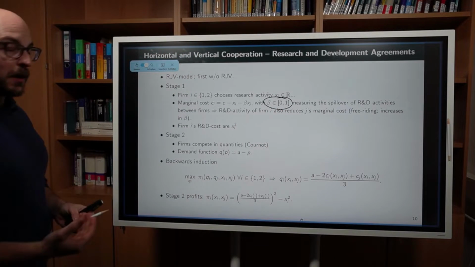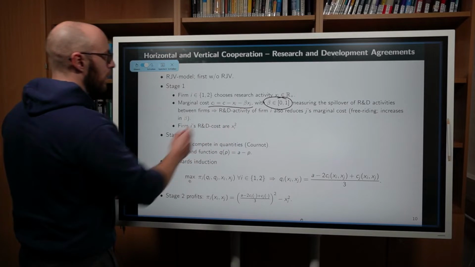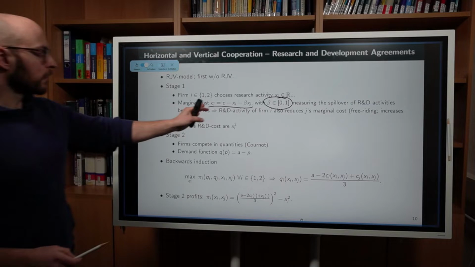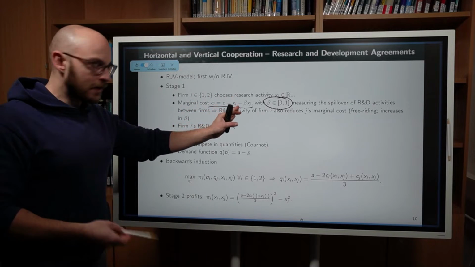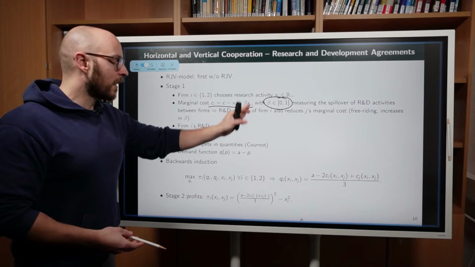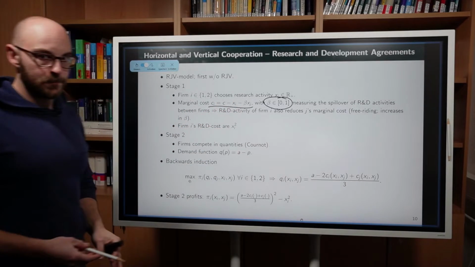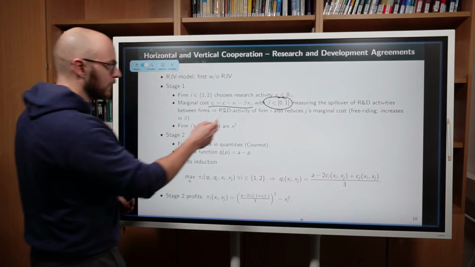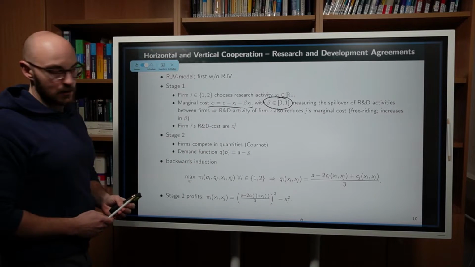So what does spillover mean? Look at this function here that determines our marginal cost. The marginal cost of firm i is some constant minus i's own research activity xi minus beta times the research activity of the rival firm xj, right? And we see that if xj increases, then ci decreases as well.